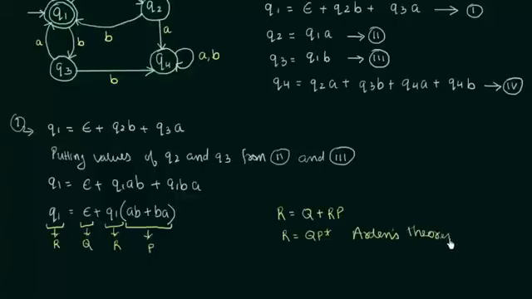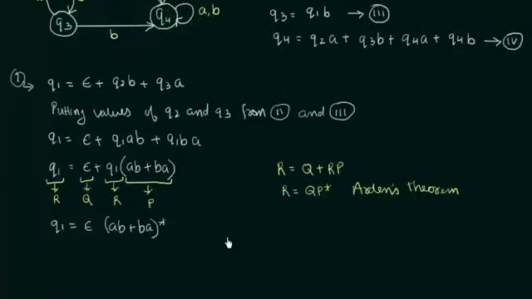Whenever you have an equation of the form R equals Q plus RP, it can be written as R equals QP star by Arden's theorem. So this is of that form. R is Q1, Q is epsilon, and P star, where this whole term AB plus BA is P, is what we are getting.